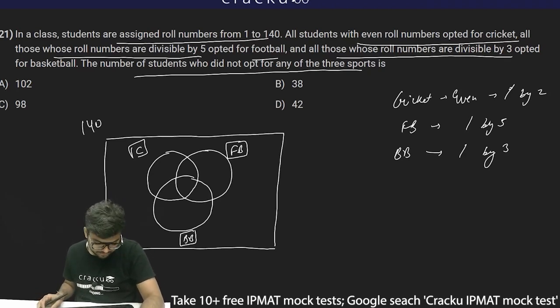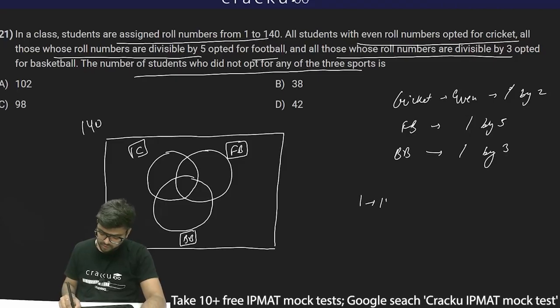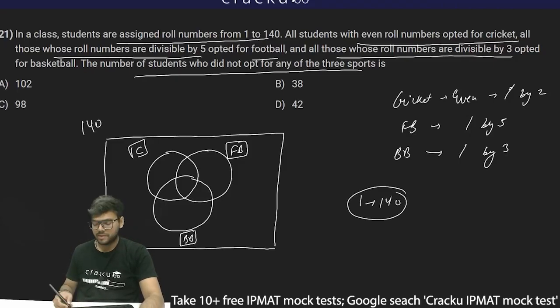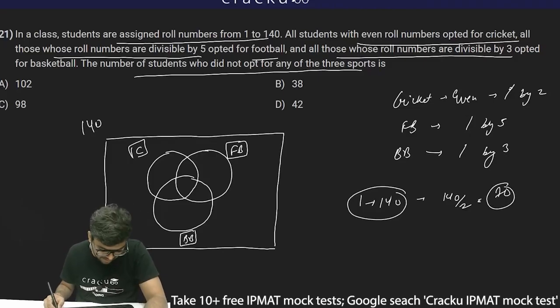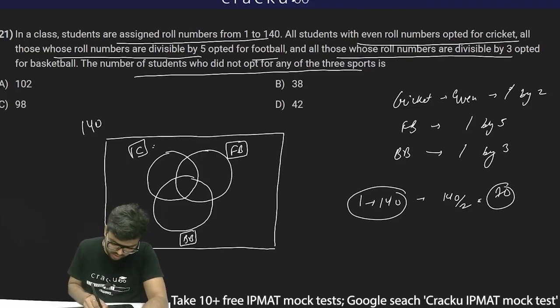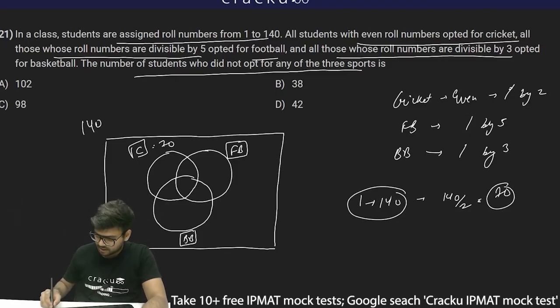Now cricket is all the numbers which are divisible by 2. So from 1 to 140, all those numbers which are divisible by 2 will be 140 divided by 2, which is equal to 70. So there are 70 students who are playing cricket, because all the even numbers represent cricket.